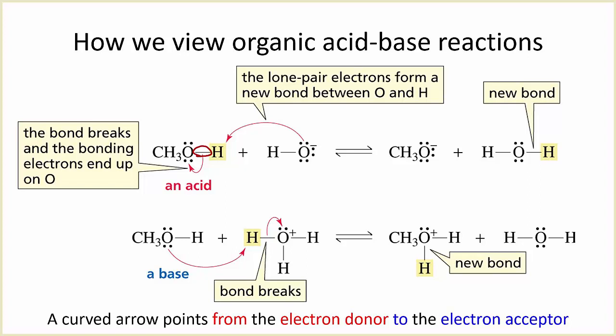So what ends up happening is, when we say donor, really what's happening is this pair of electrons is actually, we would say, attacking the H, and because hydrogen can only form one bond, this bond breaks and these electrons go back to this oxygen.